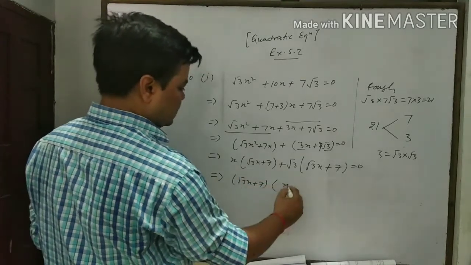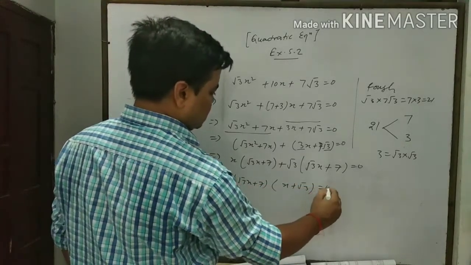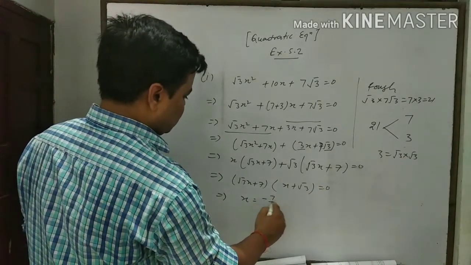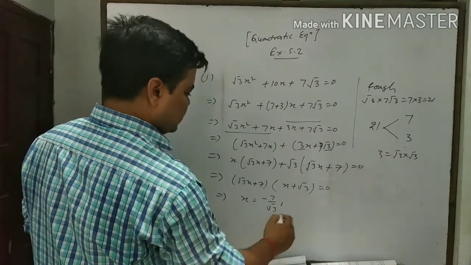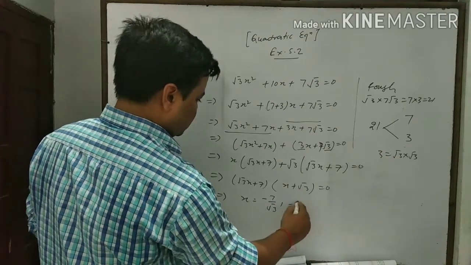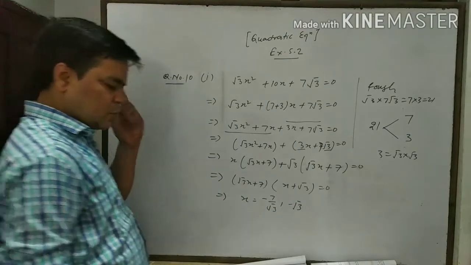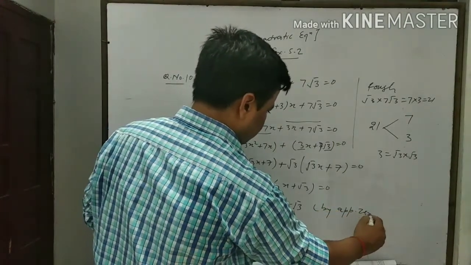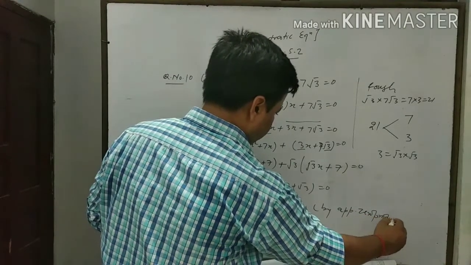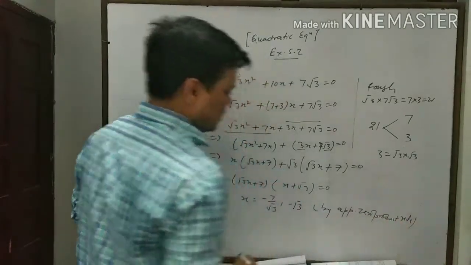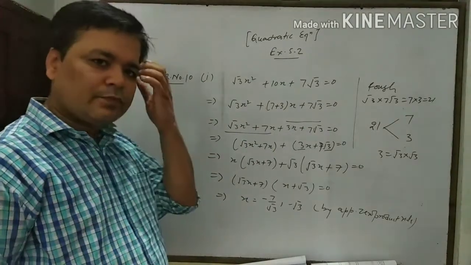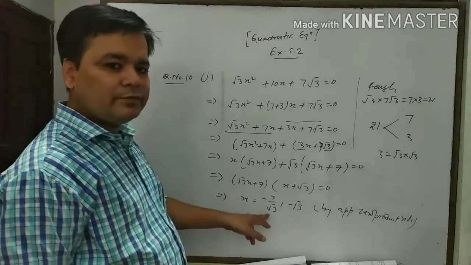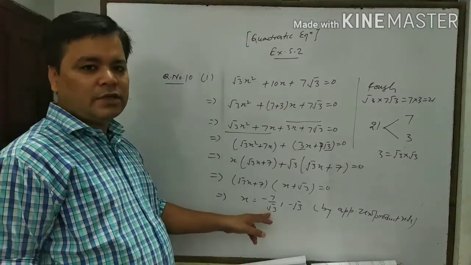Then x plus root 3 is equal to 0. So this implies that x is equal to minus 7 by root 3 and x is equal to minus root 3, by applying the zero product rule. Like this way we can find its value. Here in the denominator there is root 3, so we can rationalize it also.